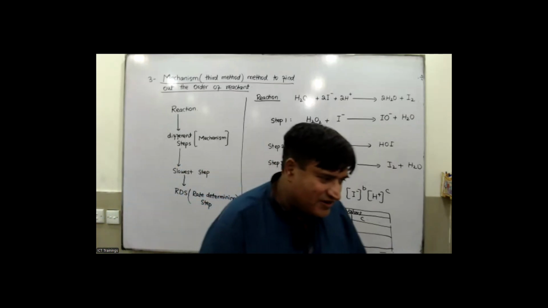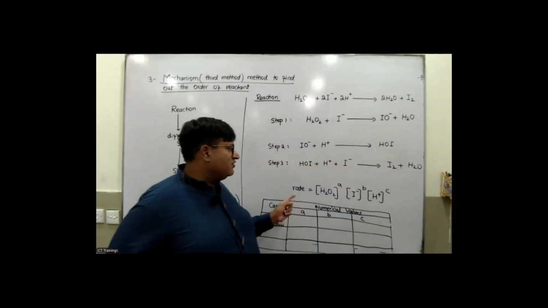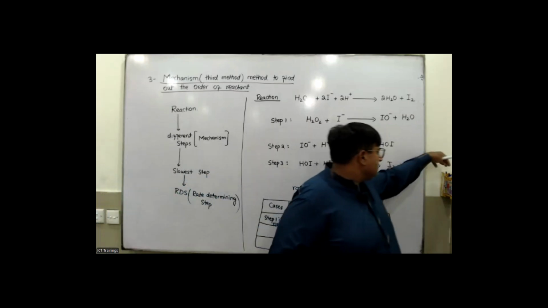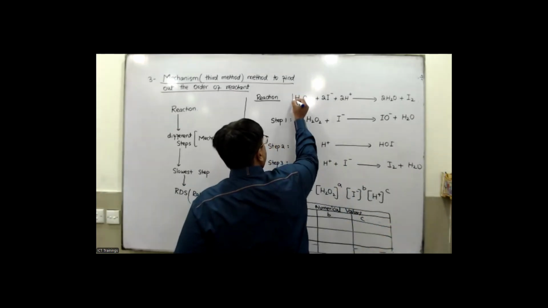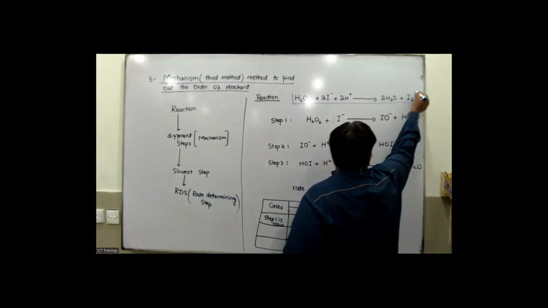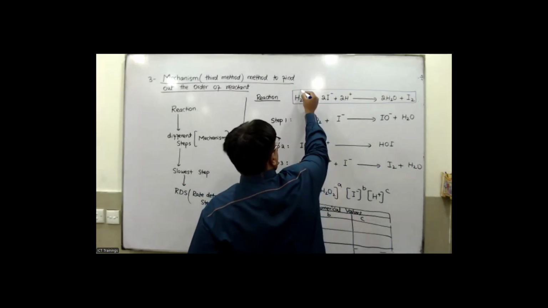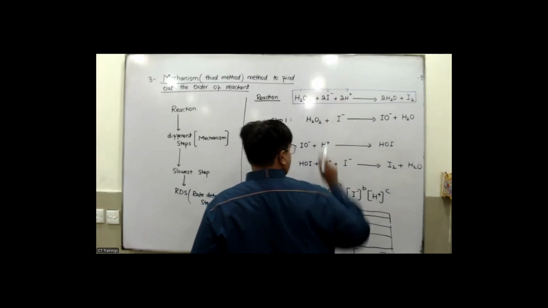Okay, guys, everybody listen to this question. This question is very important, so everyone should listen very carefully. First of all, this is the main reaction. This reaction has three reactants: one, two, and three.